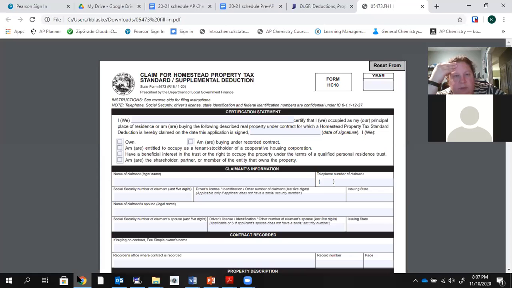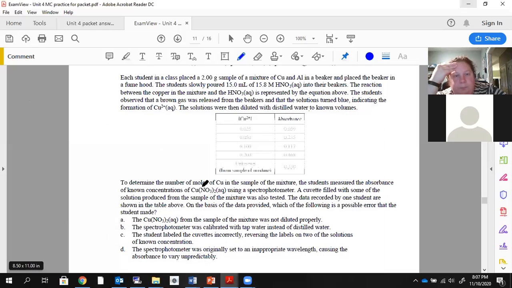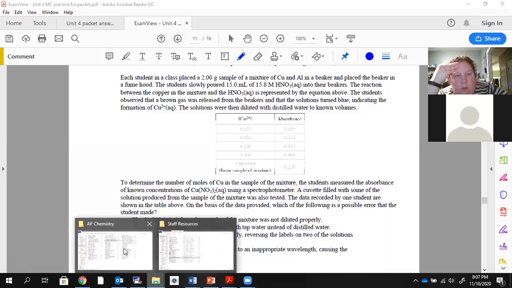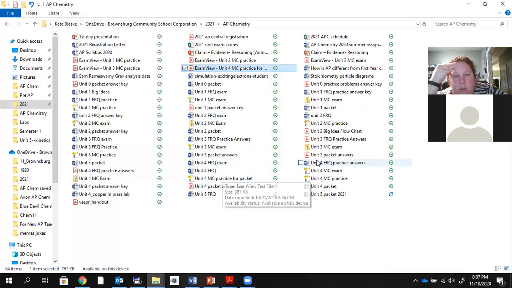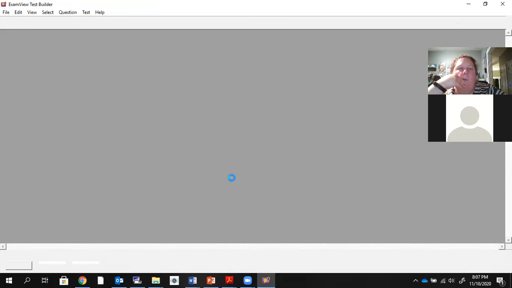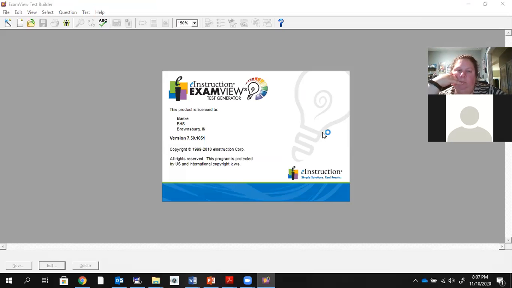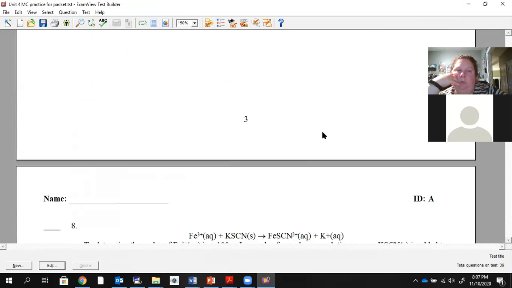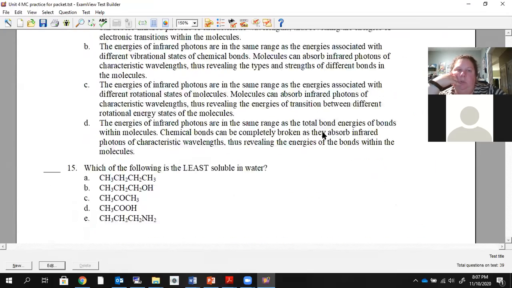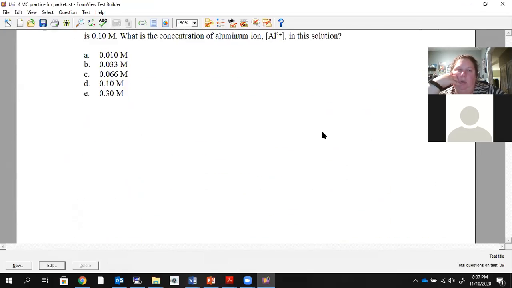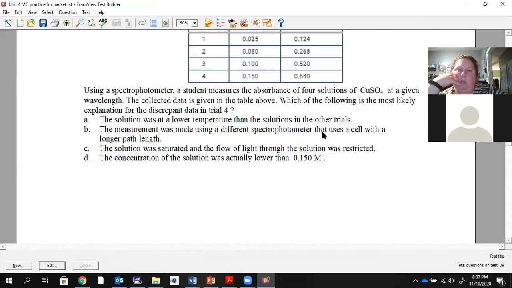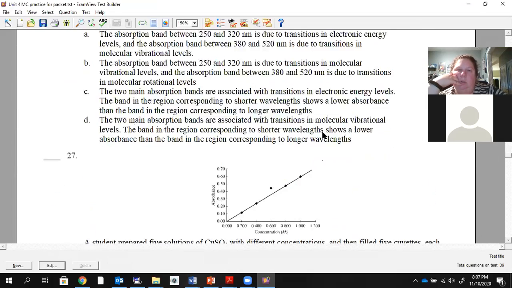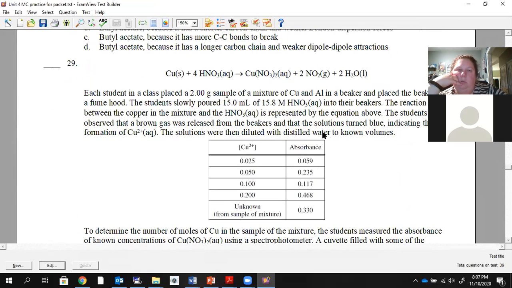I'm going to have to open up a different file so I can actually read this. Unit 4. 26. 29.